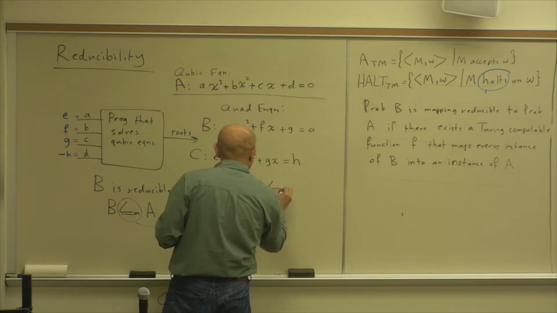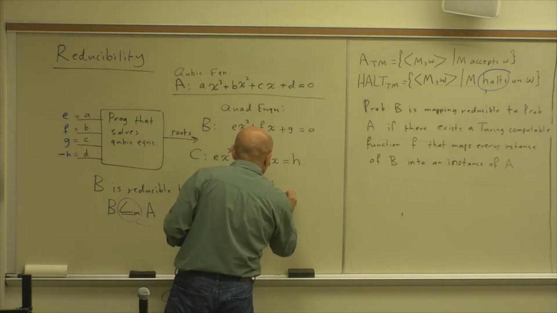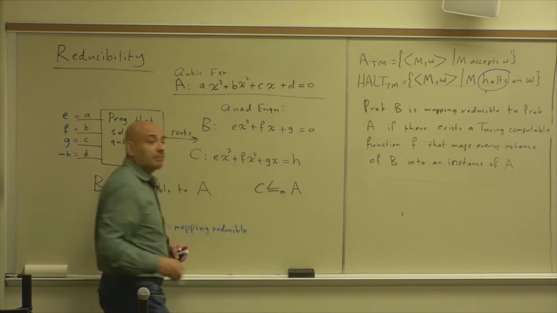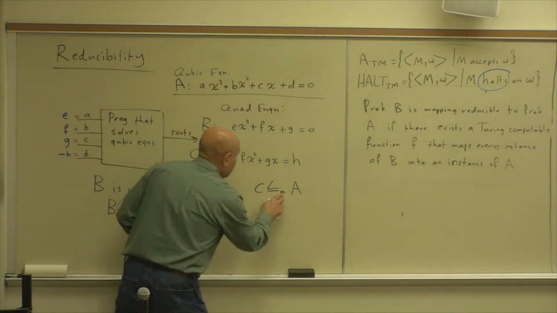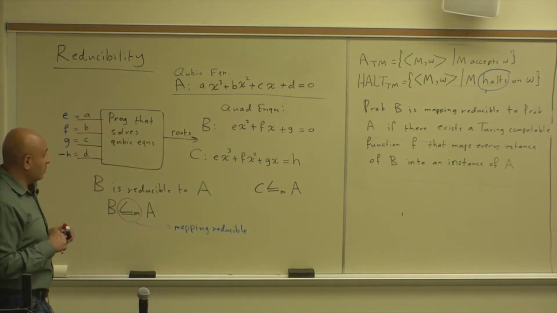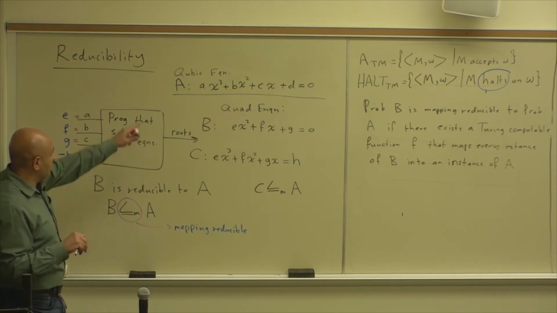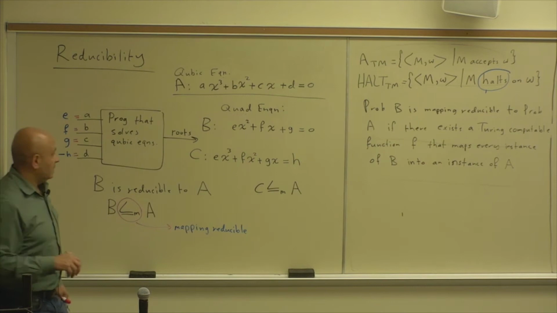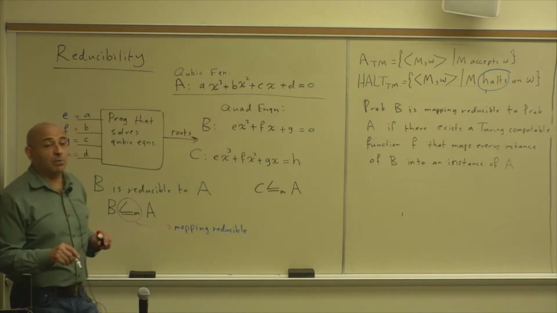So in this case, we can still say C is mapping reducible to A. Right? C is mapping reducible to A. And in fact, we can do it in the other direction as well. If we have a solver for C, we can also use it to solve A. So the relation can go in both directions.